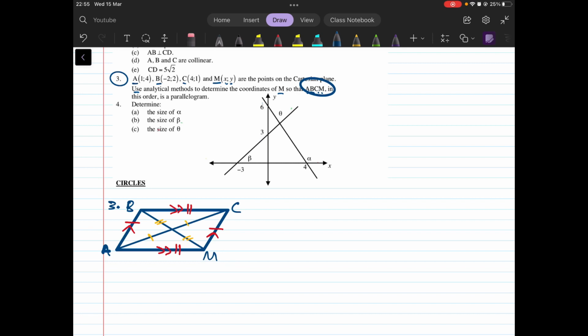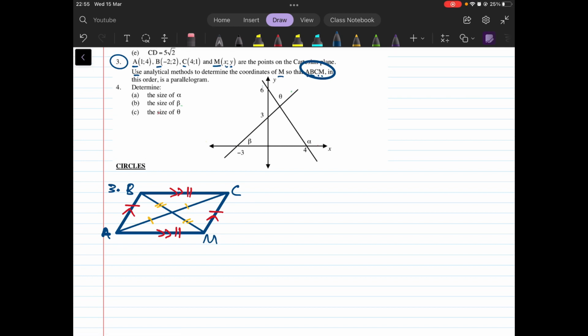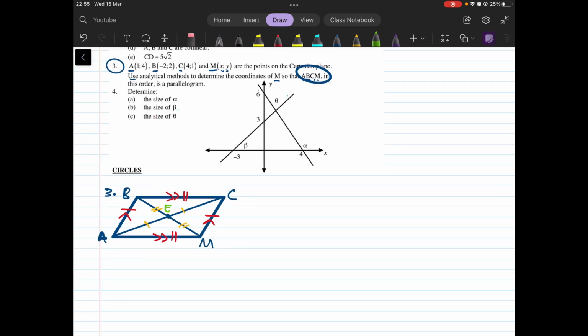What do we need to do? We need to get the coordinates of M. Remember the definition of a parallelogram: the diagonals bisect each other, which means we can label the point of intersection E. From there, we can use the midpoint formula to get the coordinates of E, because we know the coordinates of A and C. So we use the midpoint formula for diagonal AC to get the coordinates of E. Once we have E, look at BM.